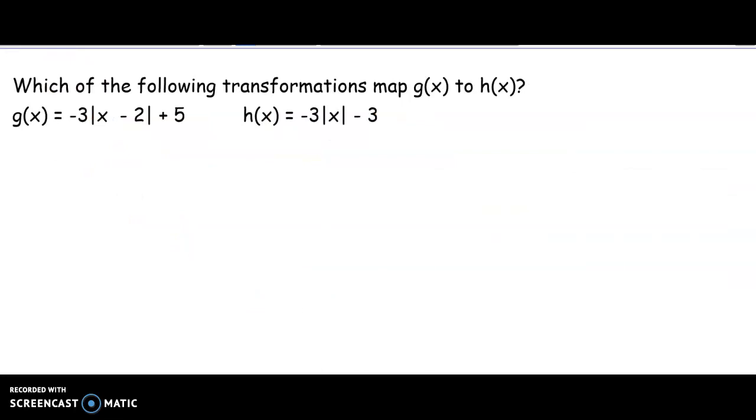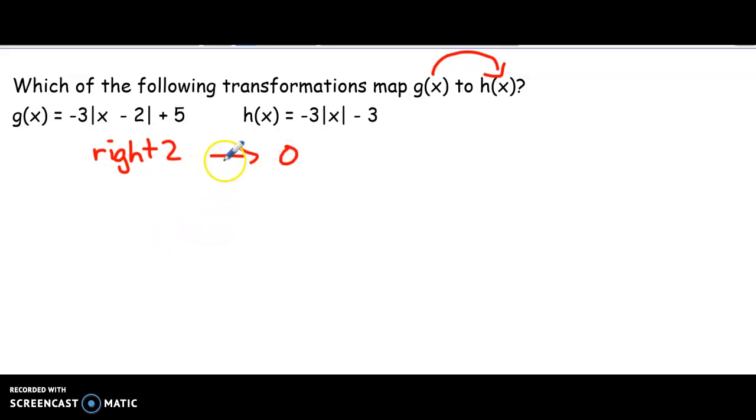Which of the following transformations maps g of x to h of x? So we're going from g to h. Well, my -3, that stayed the same. Okay? And I went from right 2 to 0.